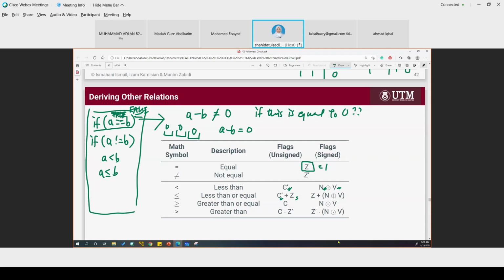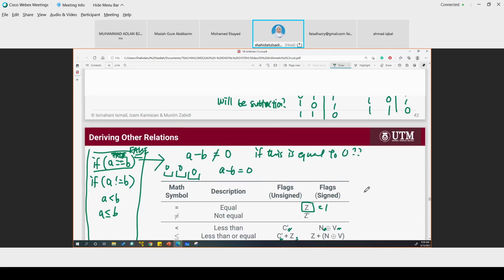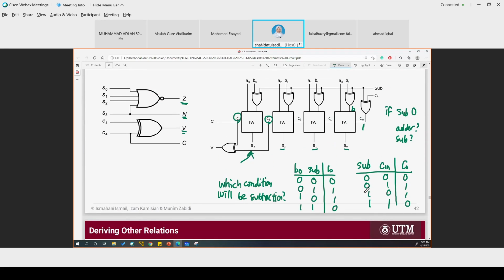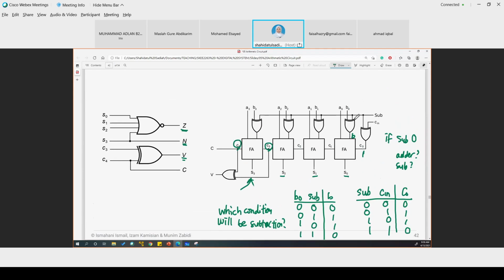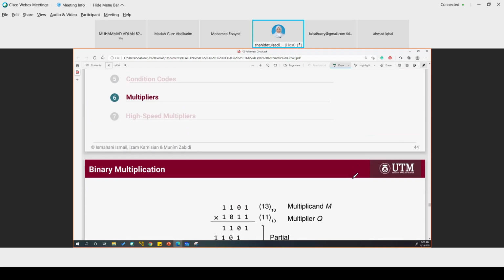This is XNOR for those who don't know. Right. So that is all for my class today. For next class, we're going to start from this slide, then we'll finish the multiplier, and then we will go to the case study of the combinational circuit.